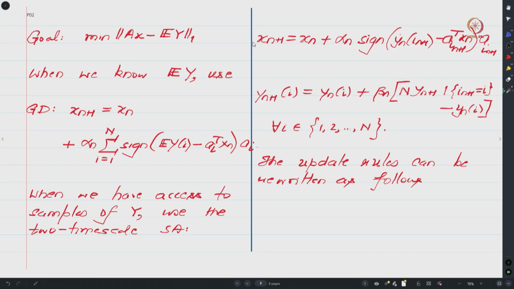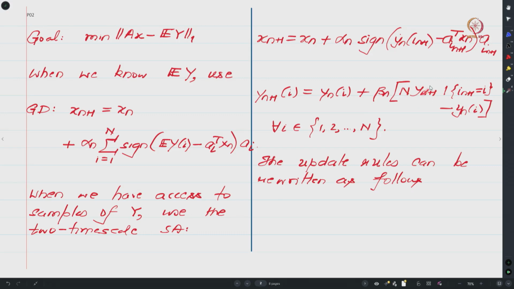For x_{n+1} we came up with this update rule, and here notice that we have little y_n instead of directly plugging in calligraphic Y_n. Calligraphic Y_{n+1} is a sample of a suitable coordinate of the vector y, in particular in this case it is the sample of y_{i_{n+1}}.